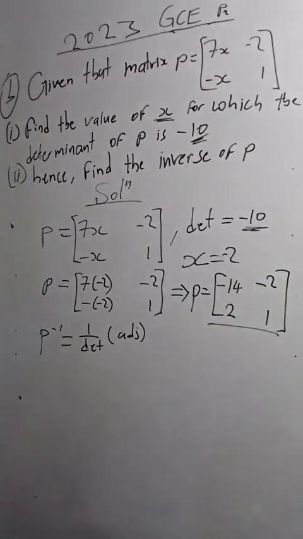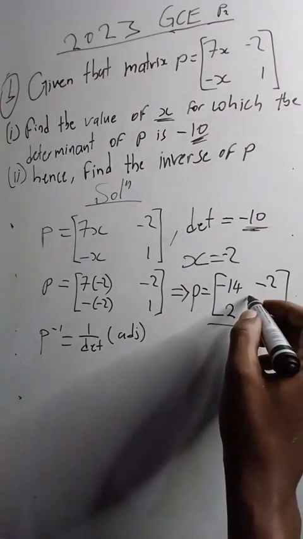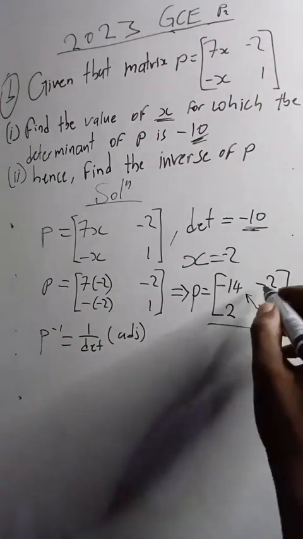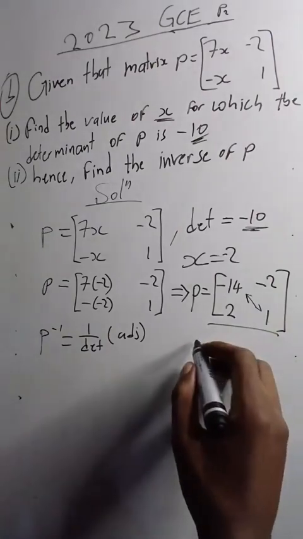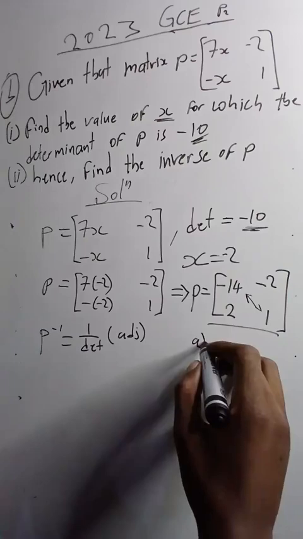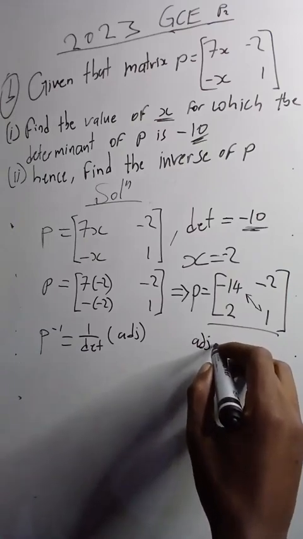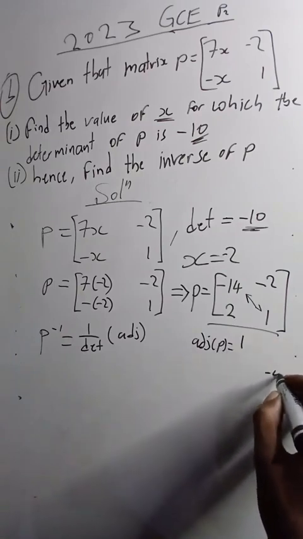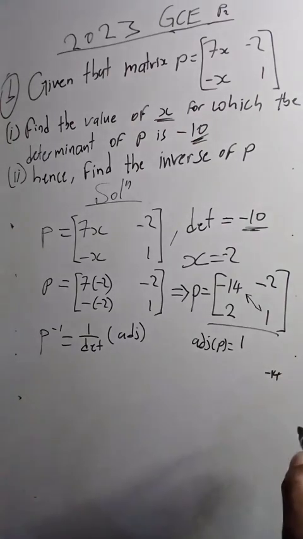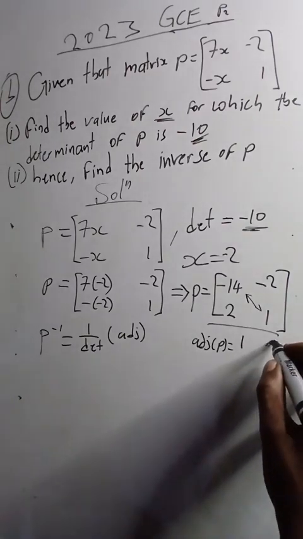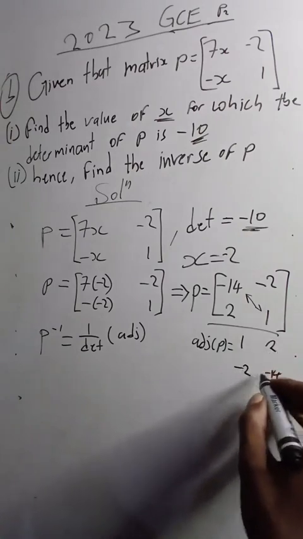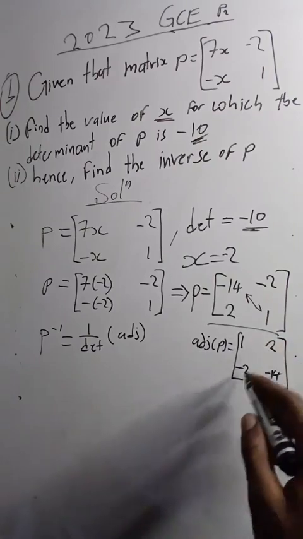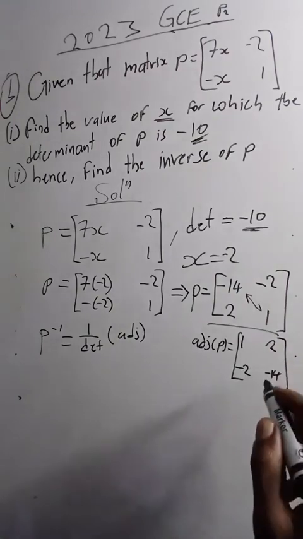What we are going to do is swap the entries in the major diagonal, and in the minor diagonal we just change the signs. So the adjoint of P is equal to [1, 2; negative 2, negative 14], because in the major diagonal we swap the entries, and in the minor diagonal we change the signs.